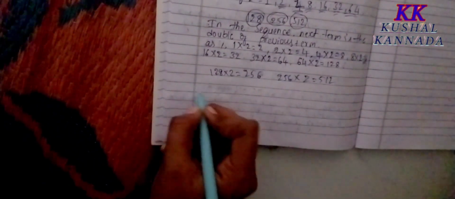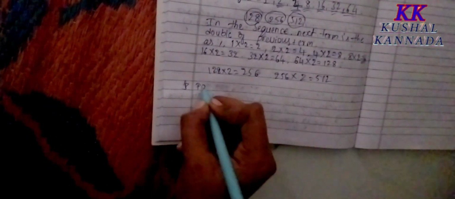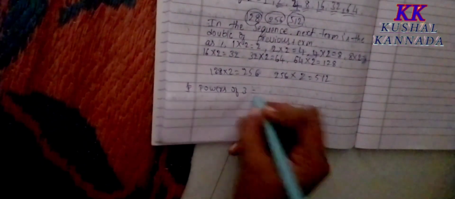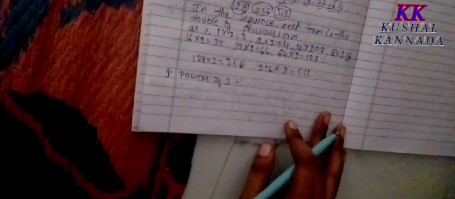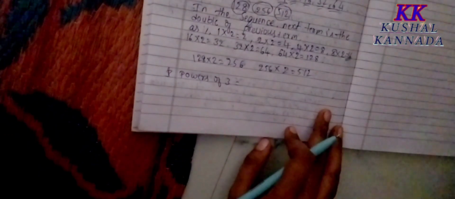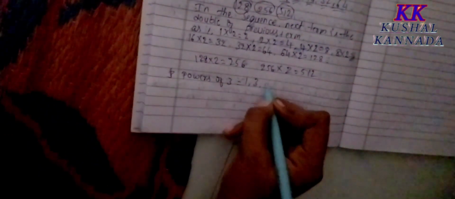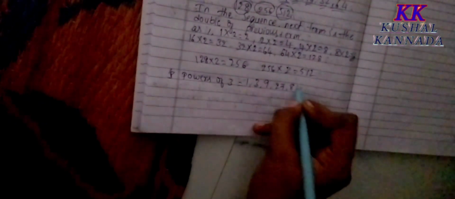Okay. Next sequence, powers of 3. I will write the sequence numbers 1, 3, 9, 27, 81, 243, 729.